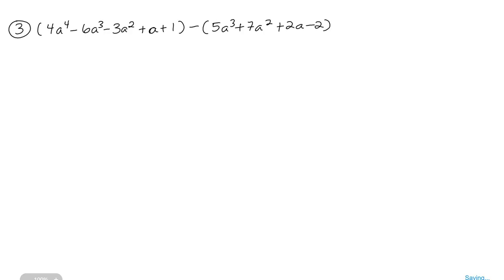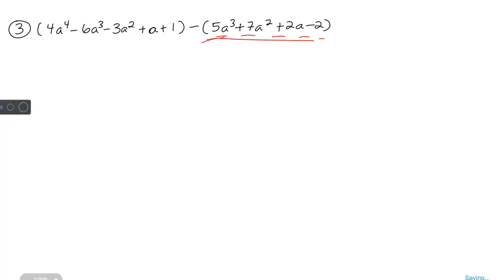Make sure you get the problem written down. Feel free to pause if you need to write this down before we start the work. Like I said, this is just like adding, but what we're doing is subtracting each of the terms in the second set of parentheses.